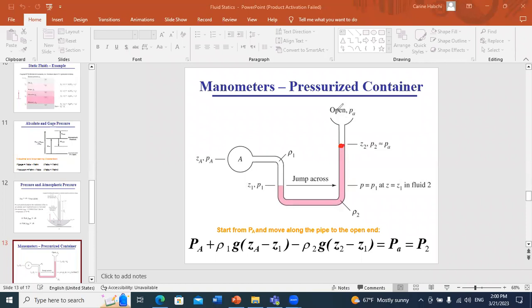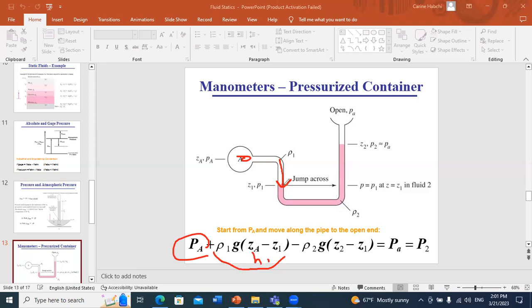Since this level is open to the atmosphere, I can say that the pressure at point 2 is equal to the atmospheric pressure. So what will be my overall equation? You can write it in one equation. I started from point A, so I have PA. Then, since I moved downward in fluid 1, I add plus rho 1 g H1, where H1 is ZA minus Z1.